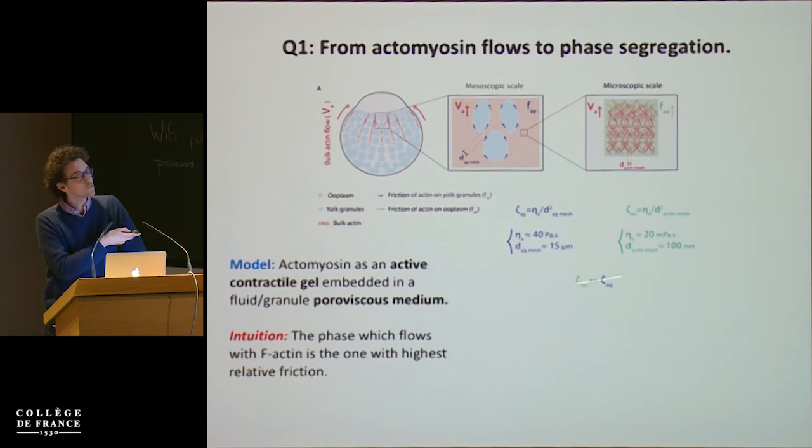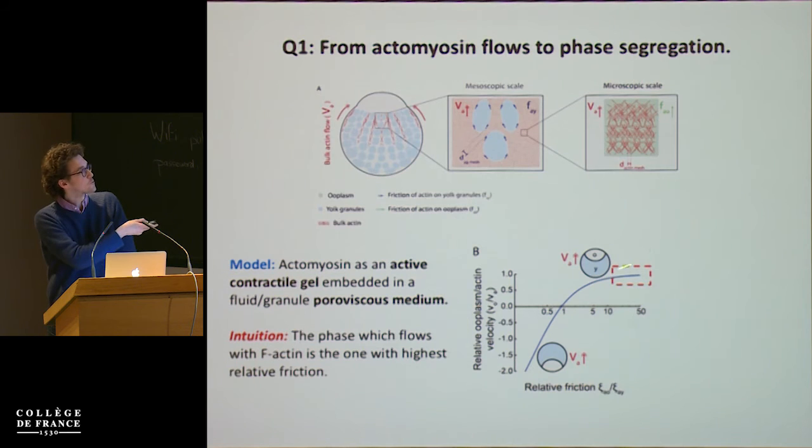But the point is that as soon as you plug in these orders of magnitude, because the actin mesh is so much smaller than your granules, given these values you always have actin-fluid friction that dominates over actin-granule friction by at least an order of magnitude, and that's really because of the huge difference in size between the two structures.